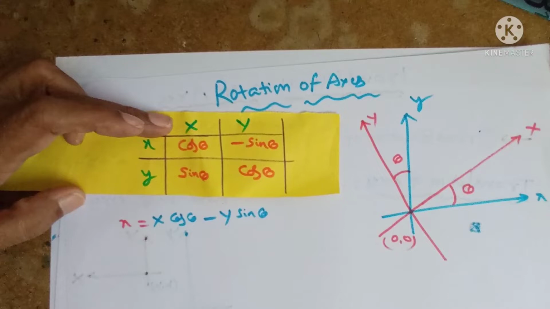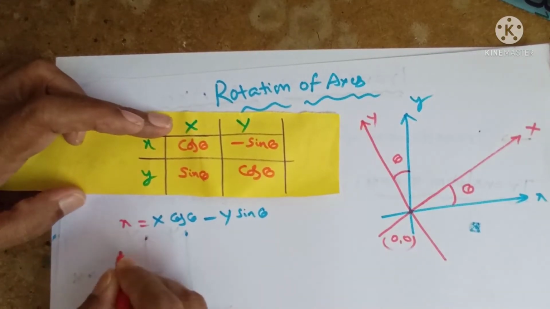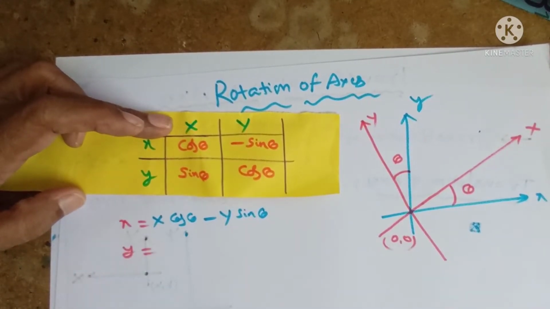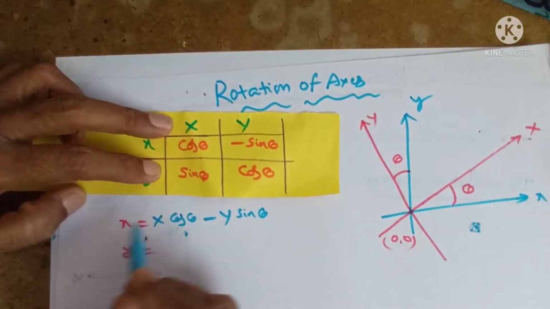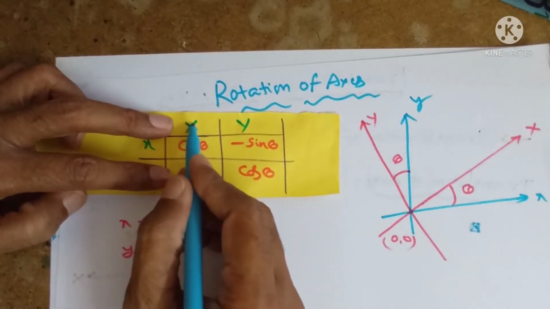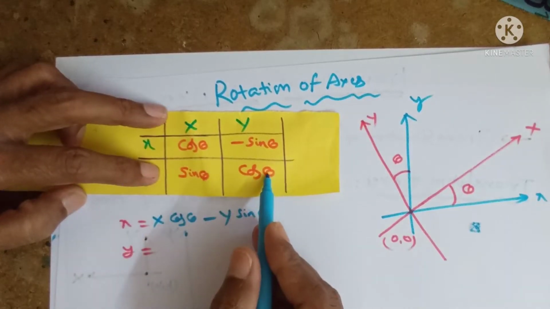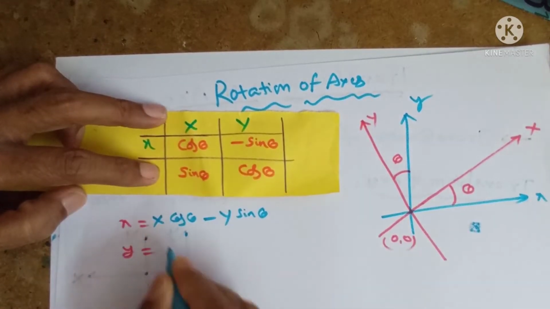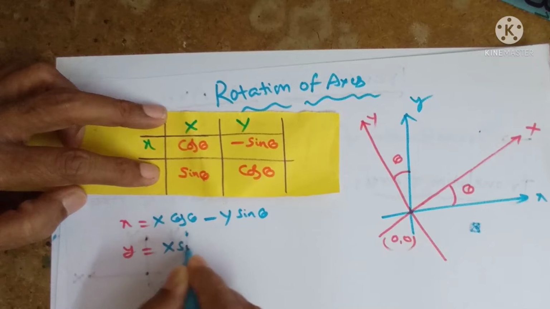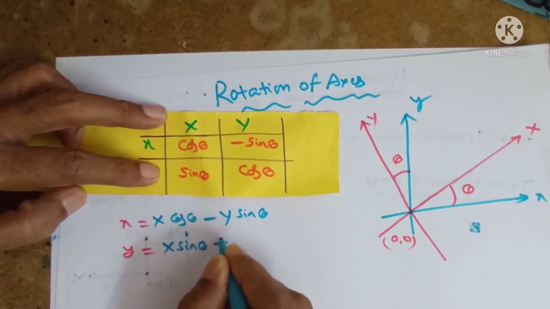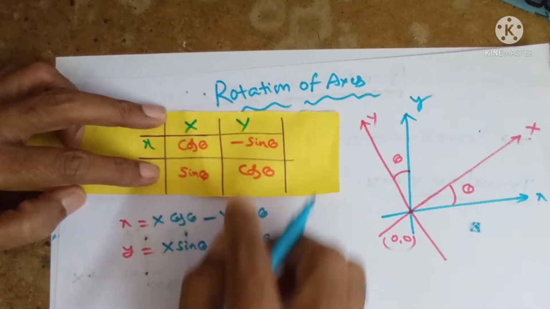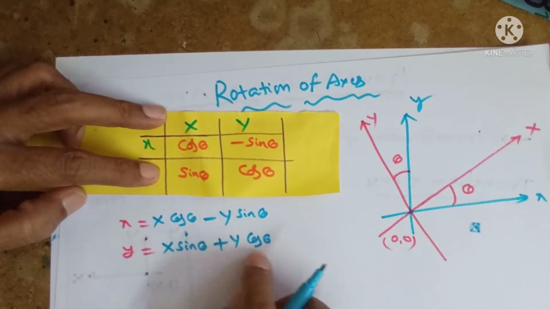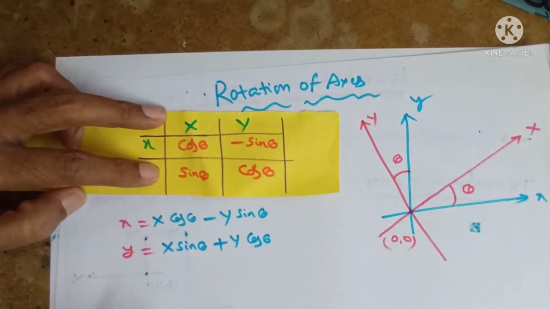This is small x. Suppose small y is equal to: in the opposite there are sine and cos functions. The sine function is multiplying with x and the cos function is multiplying with y. So x into sine plus y into cos. After multiplying, there is a plus symbol in between these.